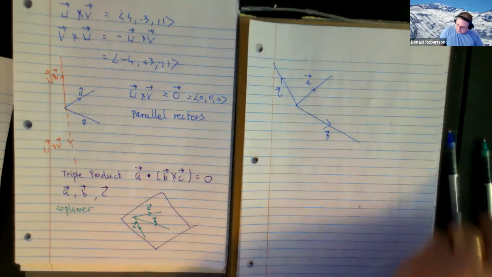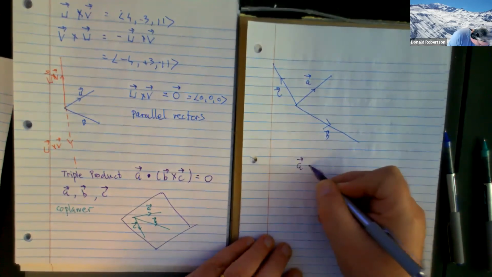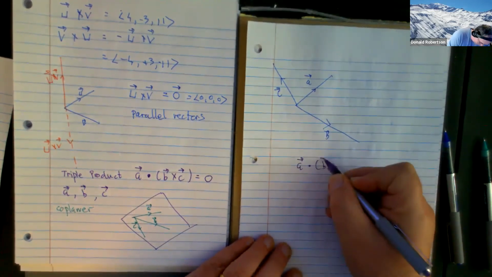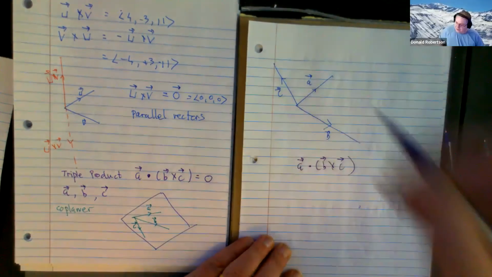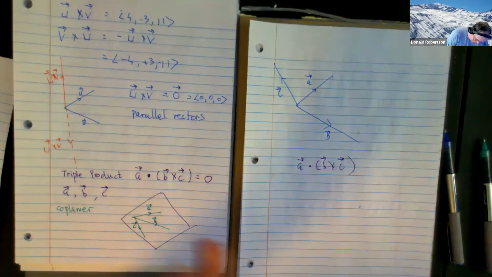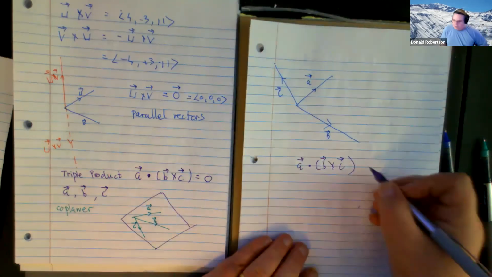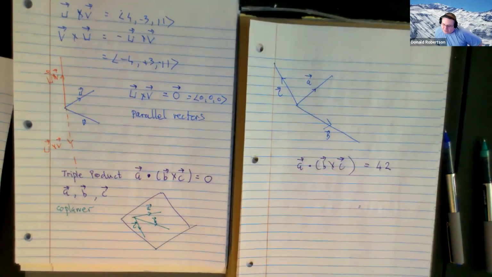Now, if you find the triple product, you will not get 0, right? If they're not coplanar, you'll get a number. And let's pretend that this number is 42. And you're trying to think, what is the number 42?